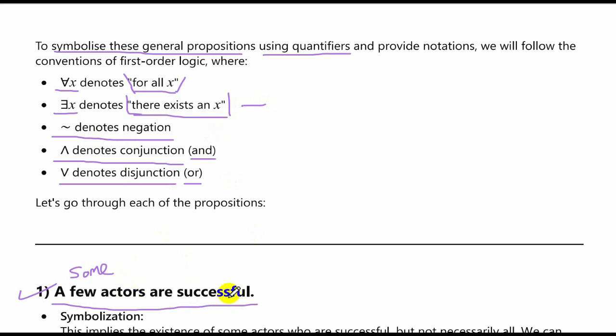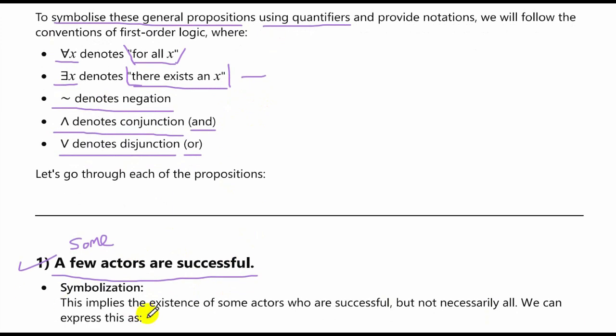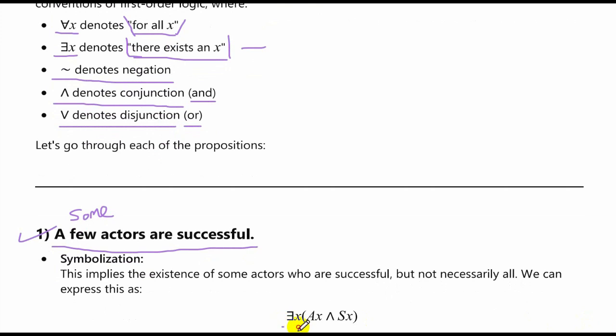So how do we notify this? We'll look at one sum first. This implies the existence of some actors who are successful but not necessarily all. So this is expressed this way. Now in the exam paper they will give us these notations, ax comma sx.